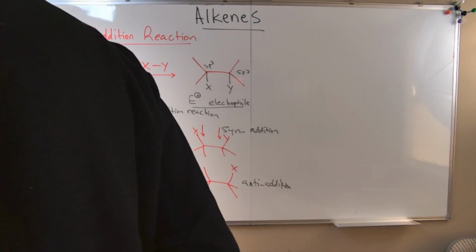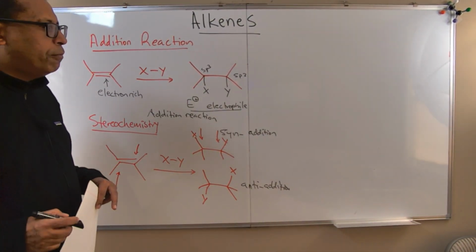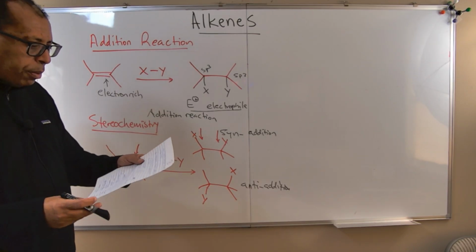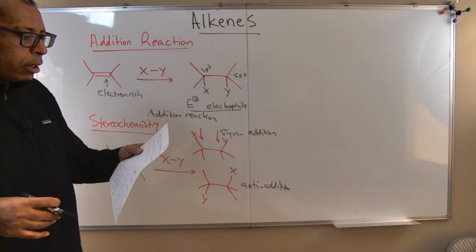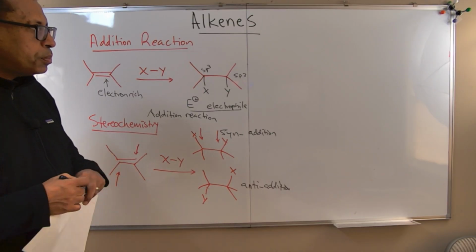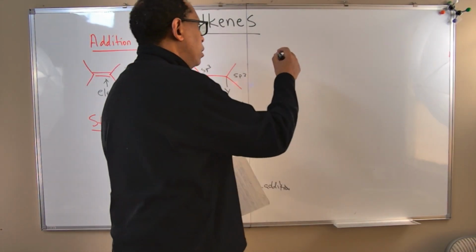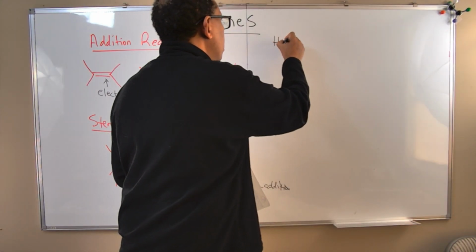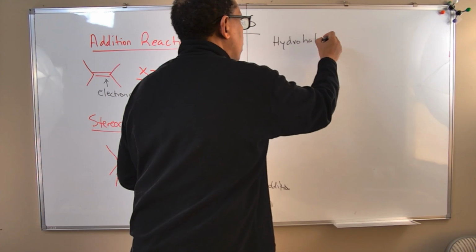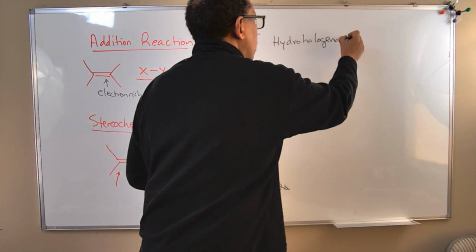Now, let's go very specifically to the addition of, for example, hydrochloric acid or hydrobromic acid. This is called a hydrohalogenation addition reaction.